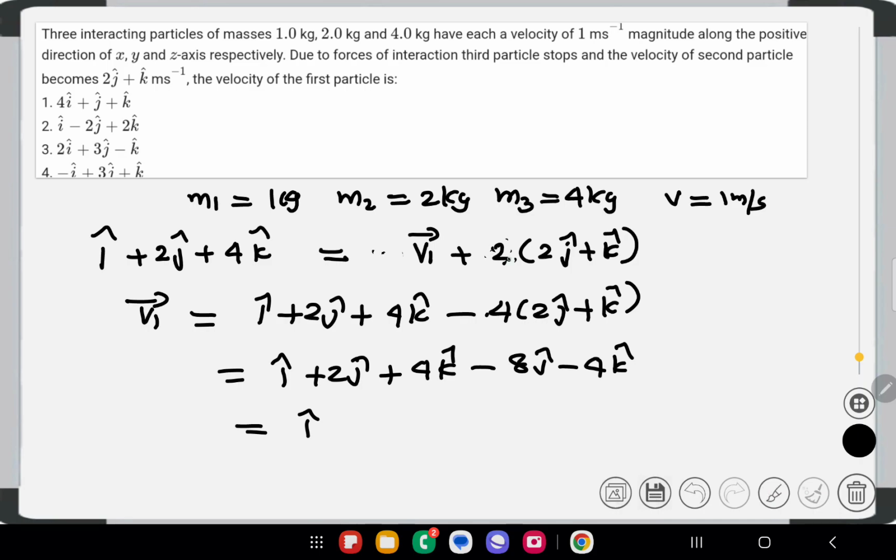There is a mistake, so let us make a correction here. It's 2 kilogram. So 2 into 2, 4j cap, and plus 2k cap minus 2k cap. So i cap, 2j minus 4j, you get minus 2j. 4k minus 2k, you get plus 2k. So the second option is the correct option.